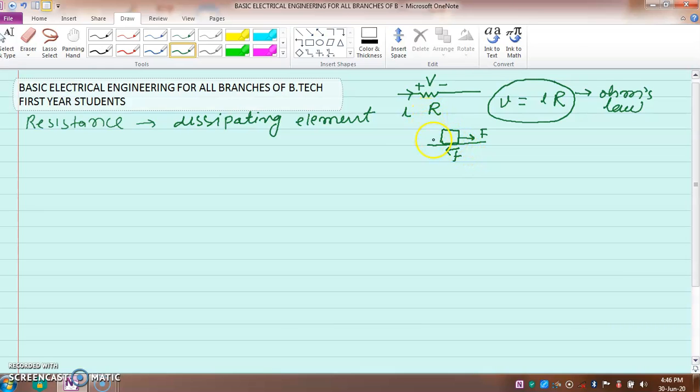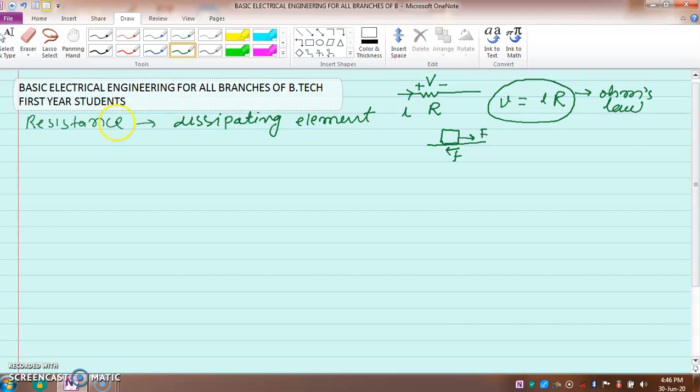This resistance is analogous to friction. Also, the friction that opposes the flow of water in a pipe is analogous to the resistance. So this resistance has a dissipating property and it will lose the energy.